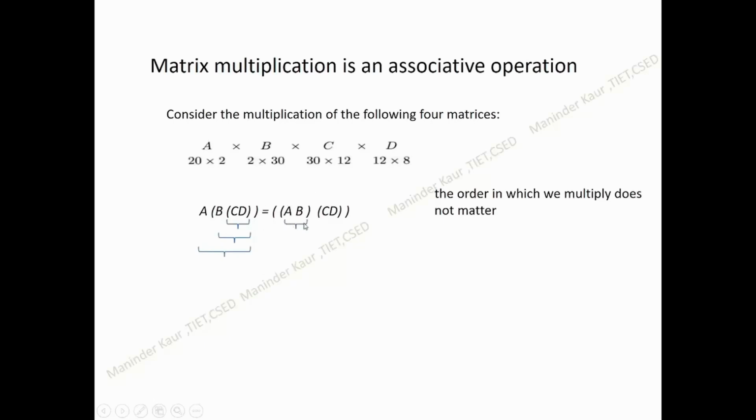In that case you first multiply matrices A and B together, then C and D together, then multiply the outputs of these two together. That means both answers are going to be the same. This says matrix multiplication is an associative operation. This implicitly says that the order in which we multiply the matrices does not matter for the result.